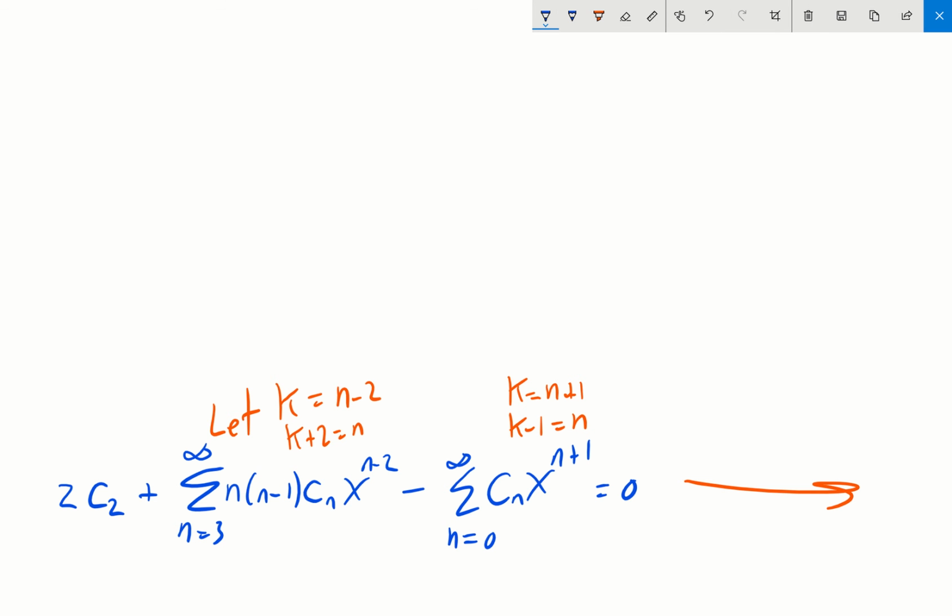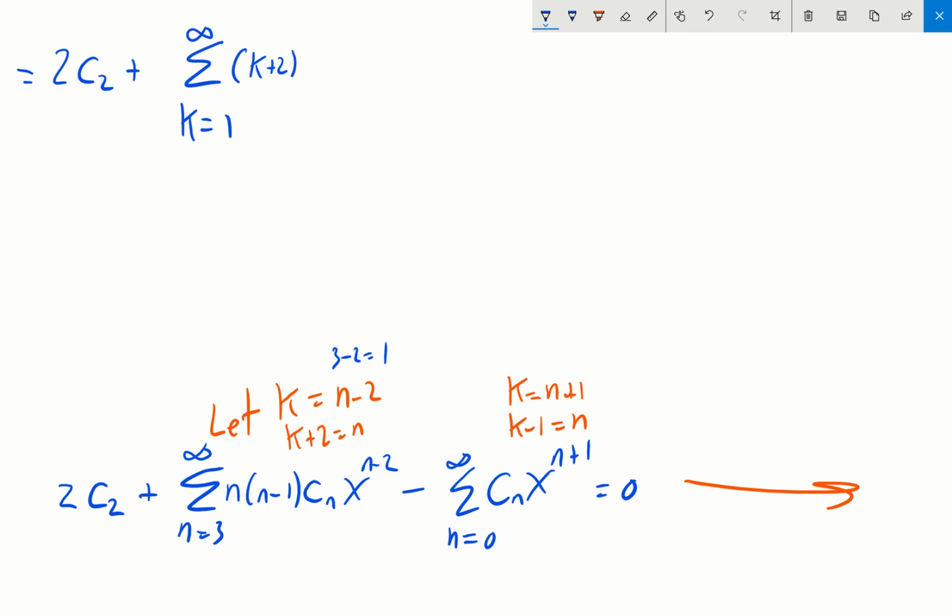Under that change of index, we get that this is equal to 2c2 plus the sum from k equals, notice that if n is 3, then k is going to be 3 minus 2, which is 1, to infinity of, everywhere I see an n, we can put k plus 2.